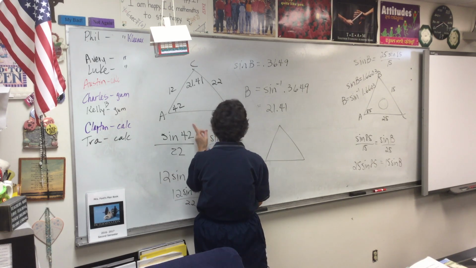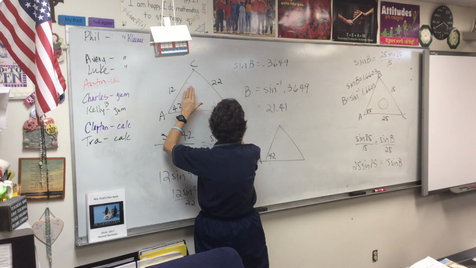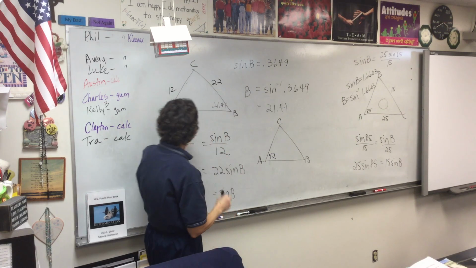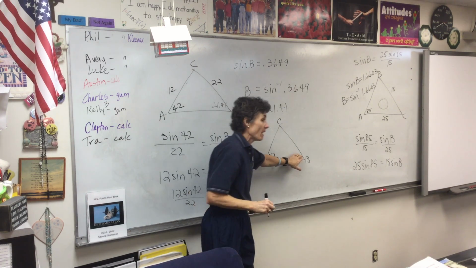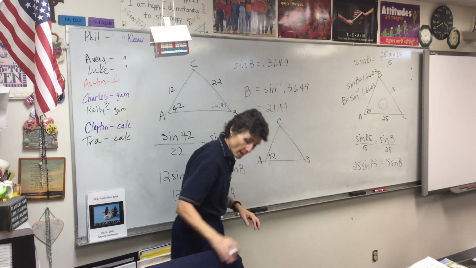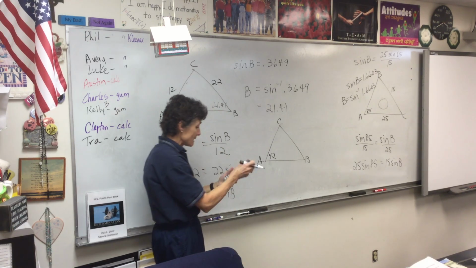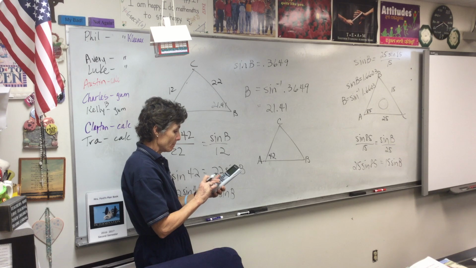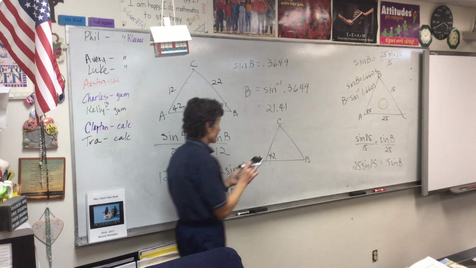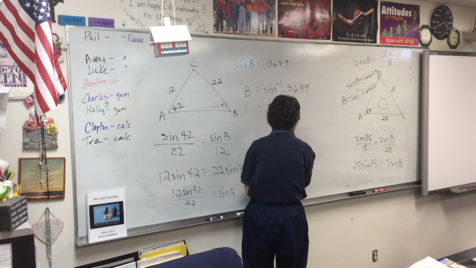And remember, when you check for the other one, so there's the 42, we have that one. To find the second possibility, take 180 minus 21.41, and that second possibility is 158.59.